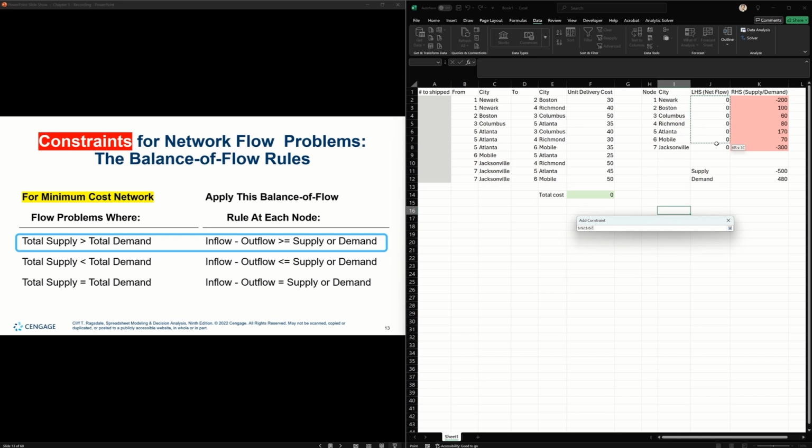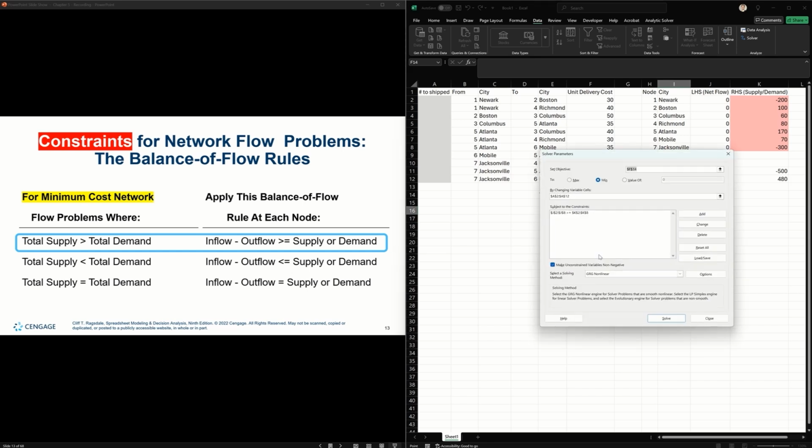Just because this is a situation where we have supply more than demand, the constraint should be greater than or equal to the right-hand side, supply or demand, all right? So I'm going to put greater than or equal and use simplex LP.